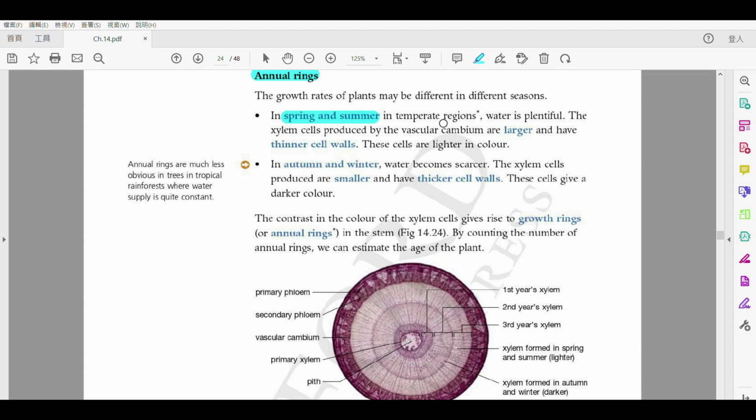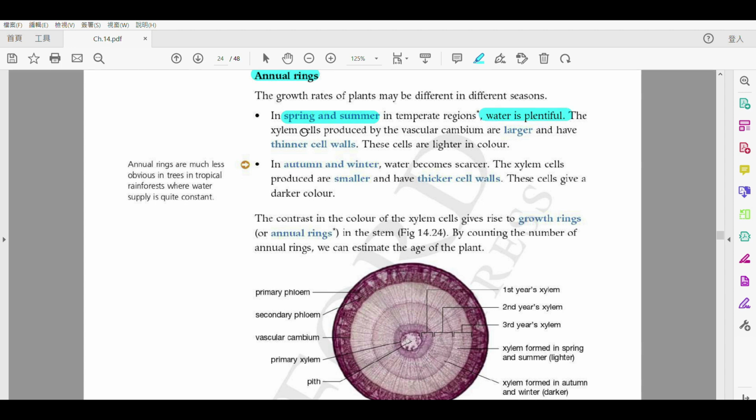Temperate regions have very clear seasons: spring and summer with more rainfall, and autumn and winter with very little rainfall. Again, back here. Summer and spring will have more water, more rainfall, so plentiful water.